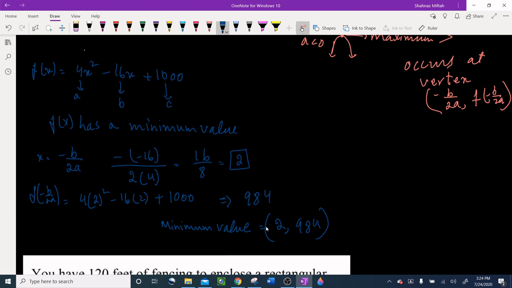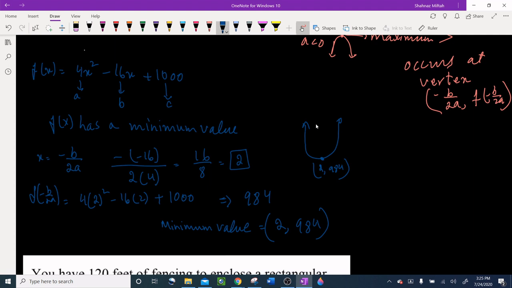Okay. Now, we already know the quadratic equation domain is always negative infinity to positive infinity, right? If I graph this equation, my vertex is at 984, where the minimum occurs, and this is going to be a parabola like that. That's my minimum value.